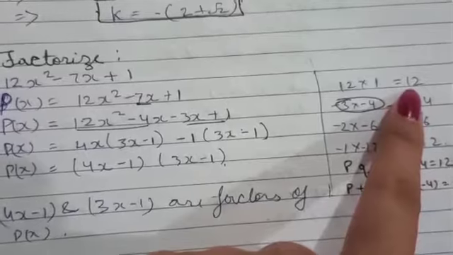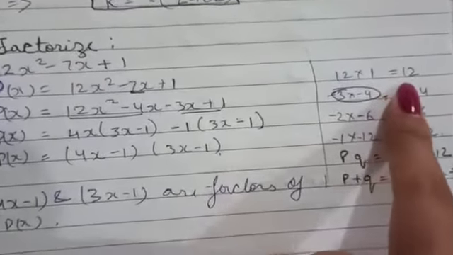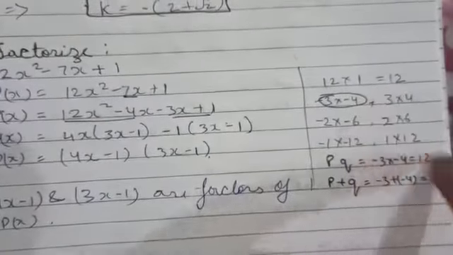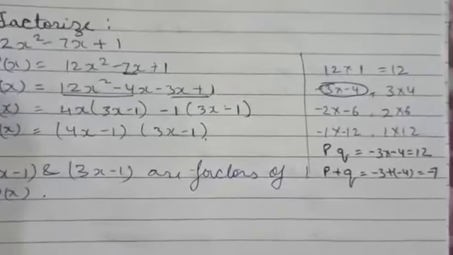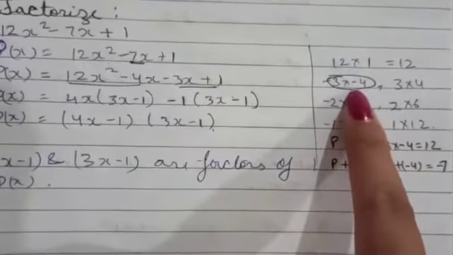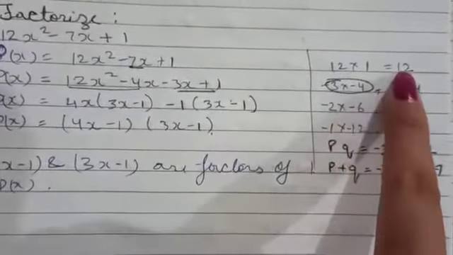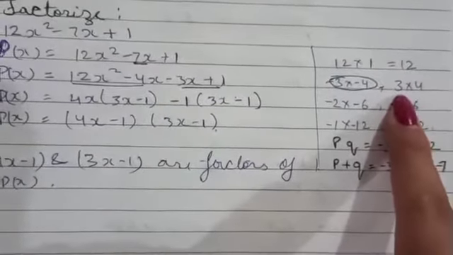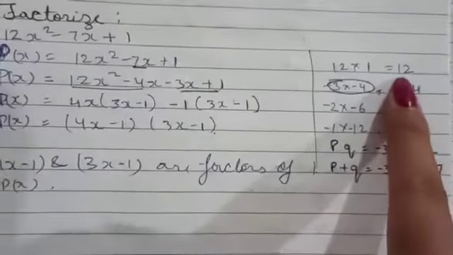Now we'll look for all the possible factors of 12. See, minus 3 into minus 4 will give you plus 12, and plus 3 into plus 4 will also give you plus 12.